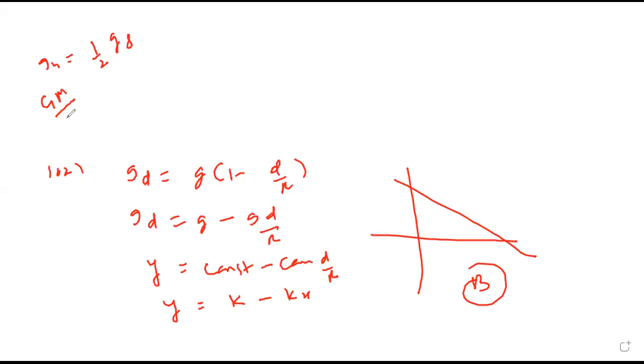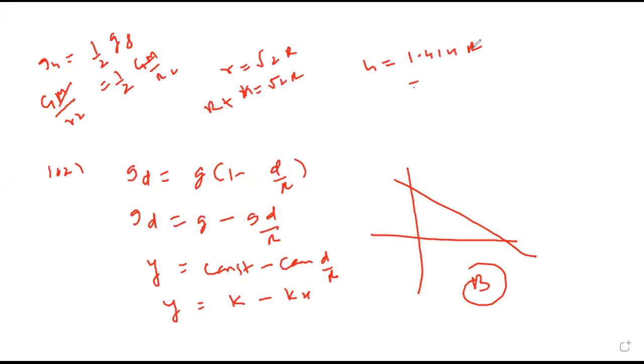So this is GM upon r square equals half of GM upon capital R square. That means r will be root 2 R. r will be R plus H equals root 2 R. So H will become 1.414 R. 1.414 into 6,400. Multiply.